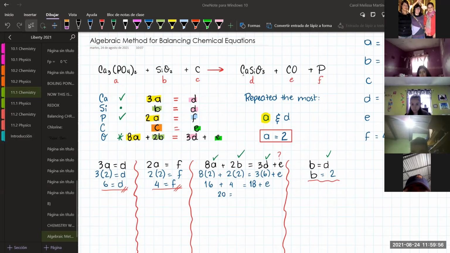And to get rid of the 18, I will subtract it in the two sides of the equation. Okay, so 18 and 18 will be cancelled. And in here, negative 18 plus 20 is going to give you 2. 2 is equal to E. And with this, you find another value.